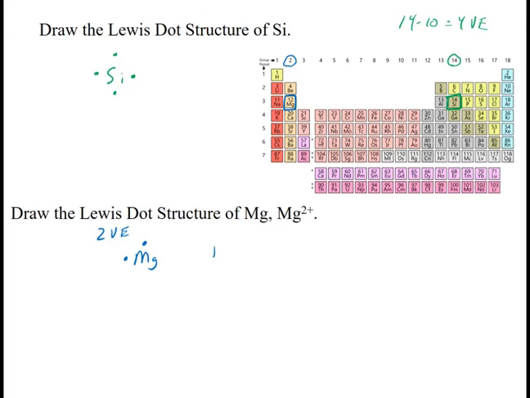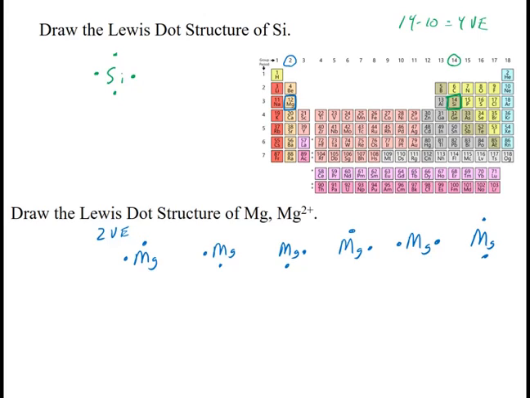I can have magnesium this way, I can have magnesium this way. All these could be correct answers. What you will notice is that they are not paired. That would be the last one that way. I could do it this way, or I could do it that way. So all of these are correct answers for that magnesium.